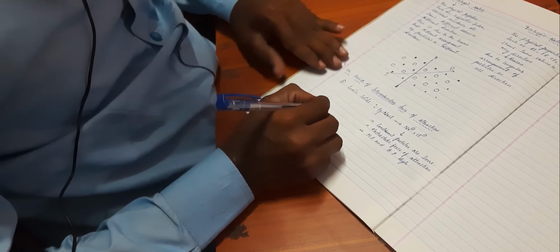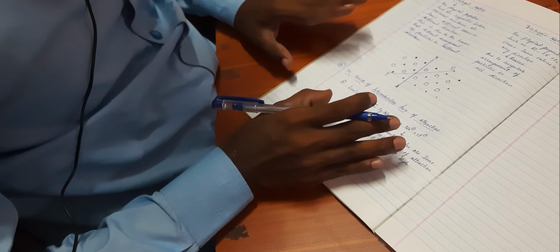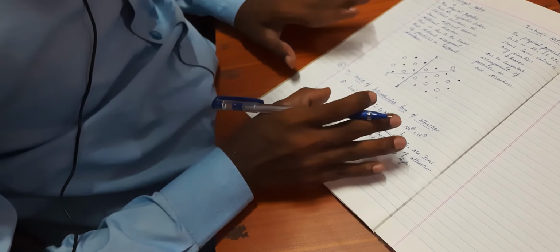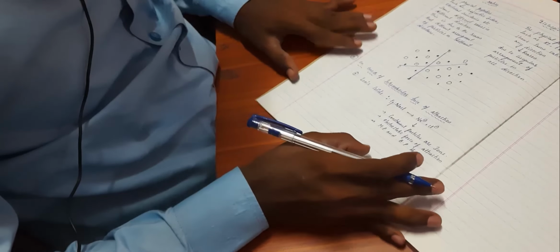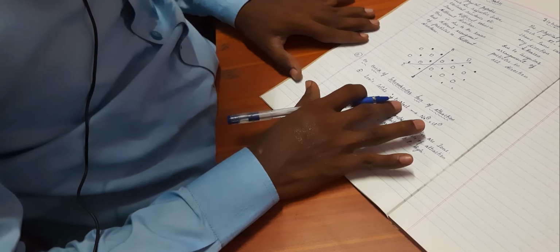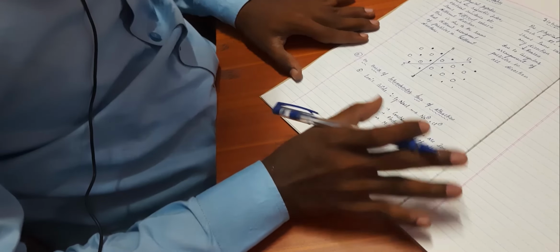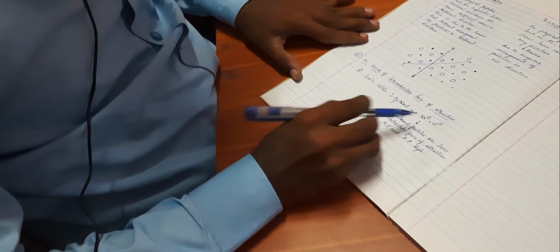Let us see once again what ionic solids are. On the basis of intermolecular force of attraction, solids are classified into 4 types. First of all is ionic solids. If we take NaCl as an example, NaCl can be broken down into 2 ions, a cation and an anion, Na plus and Cl minus, and the constituent particles are ions.